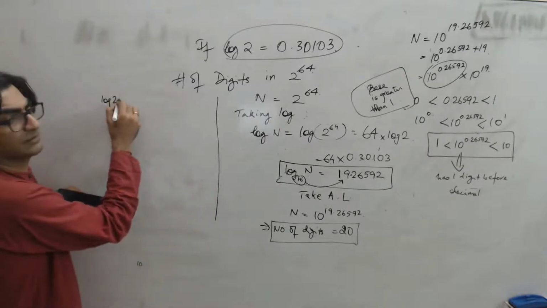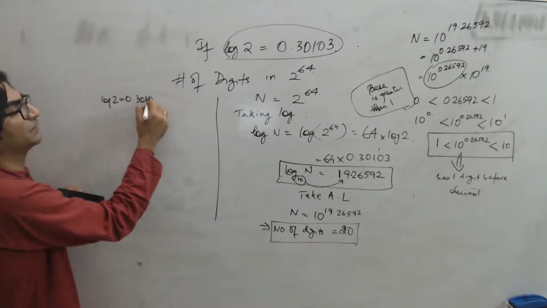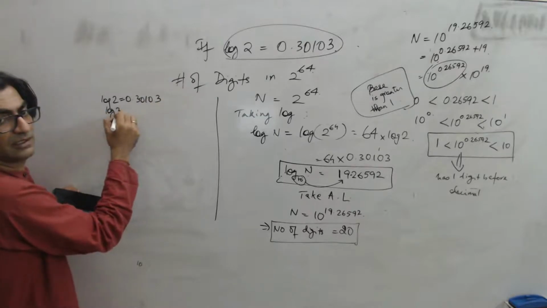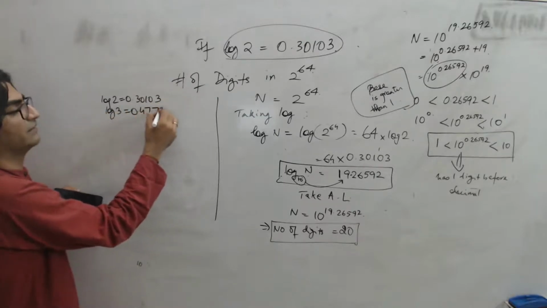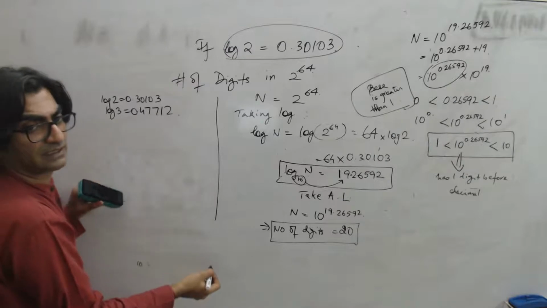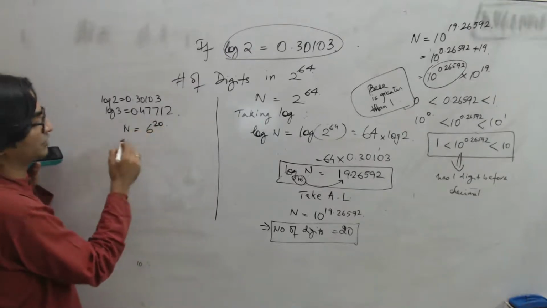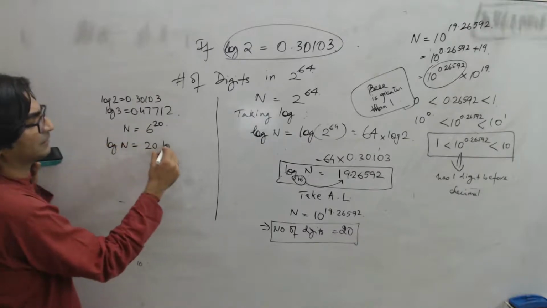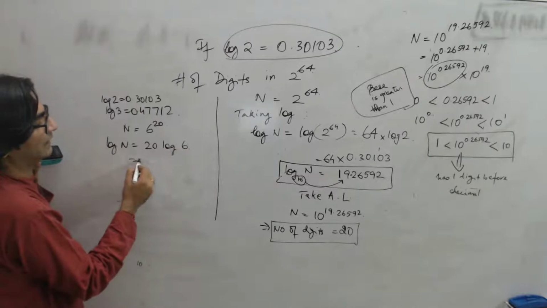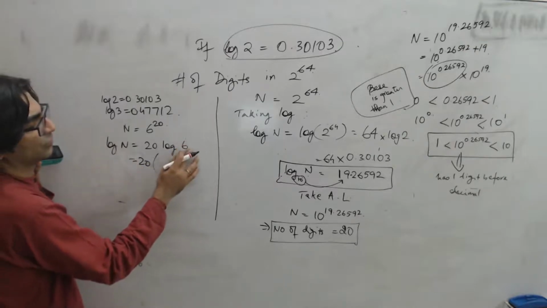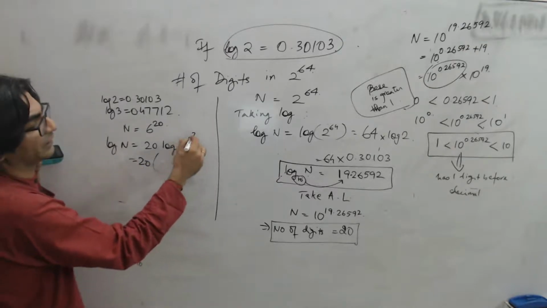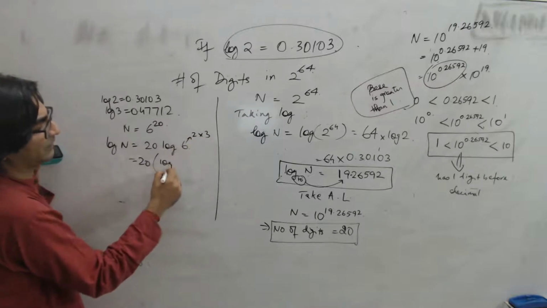Log 2 is given as 0.30103 and log 3 is given as 0.47712, and the question says if n is 6 to the power 20, you want the number of digits. So taking a log of n will become 20 log 6. That's 20 into log 6. 6 is 2 into 3, so log 2 plus log 3.